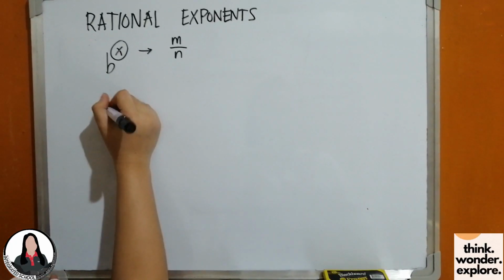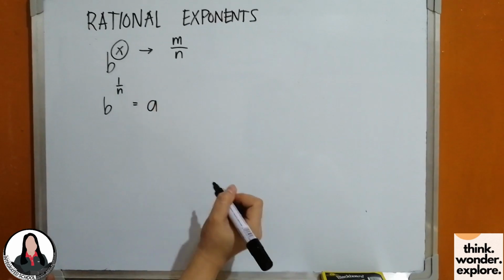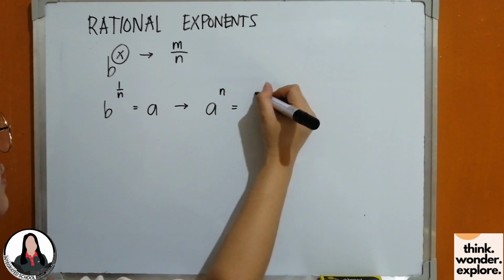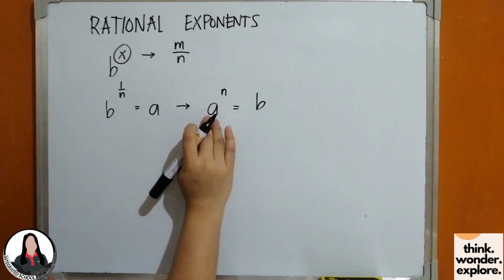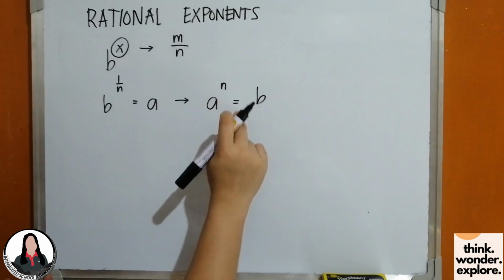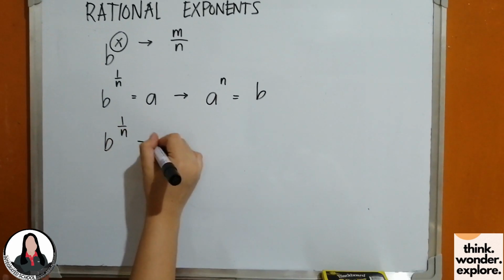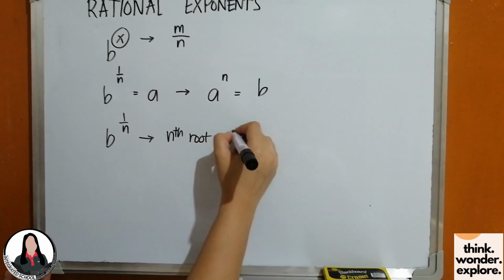So, in other words, given b raised to 1 over n equals a is also equivalent to a raised to n equals b. So, sa madaling salita, humahanap tayo ng isang number na kapag na-raise natin kay n, ang equivalent ay b. Often, b raised to 1 over n is considered as the nth root of b.